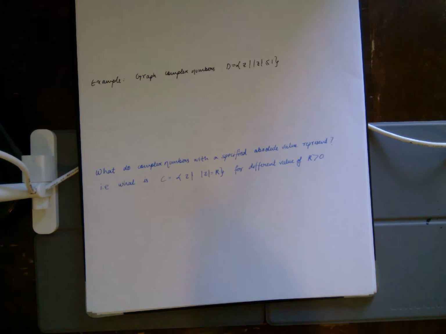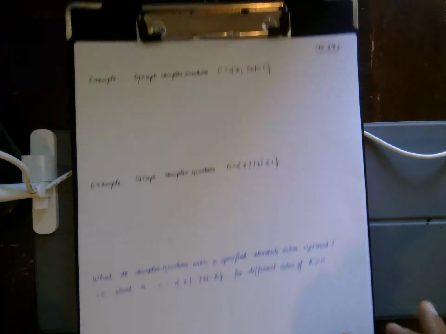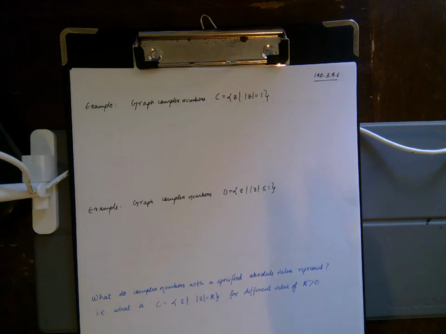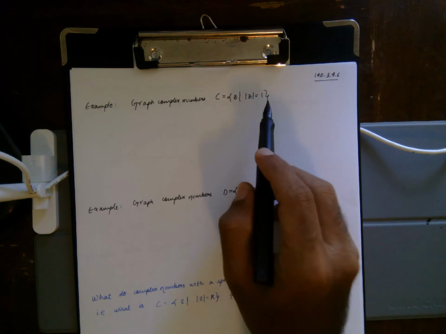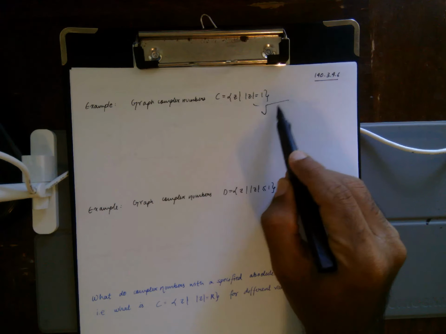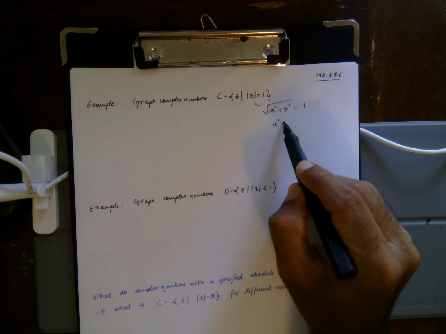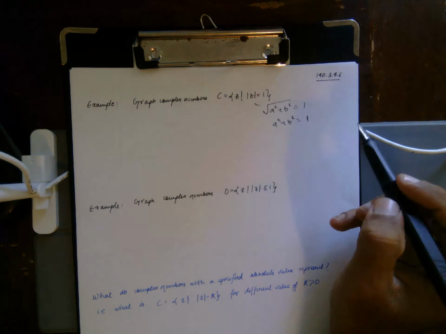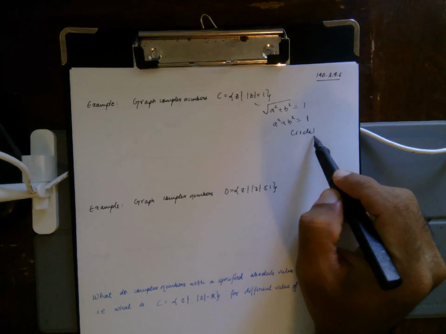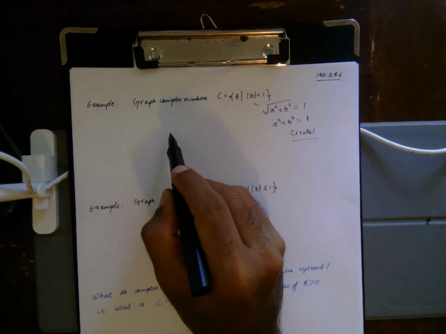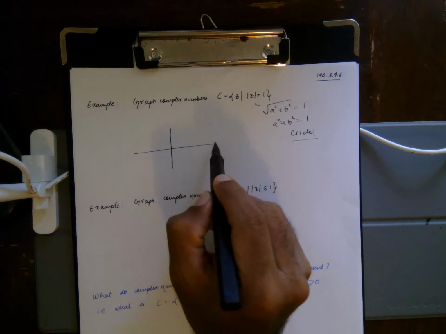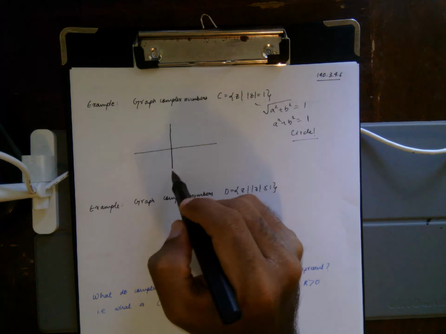Let's do a few more examples of graphs. Graph this complex number. Its absolute value is 1. So, a squared plus b squared is 1. What's that? That's a circle. You can also reason it in the same way as we talked about in the previous case.